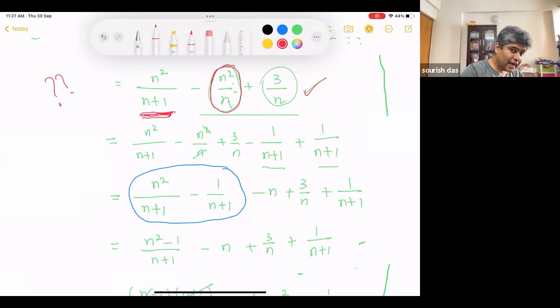This guy is just n. Now, if this guy goes to 0, but this guy is still n, it doesn't cancel out, then the whole thing will be divergent. But if this guy cancels out and this guy still goes to 0, then it could be convergent.